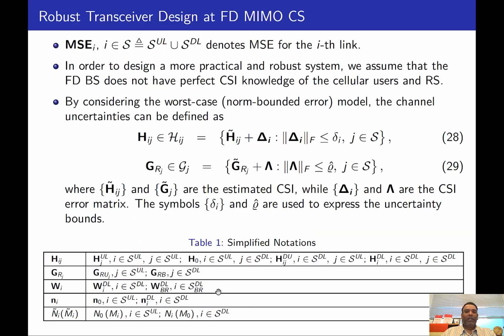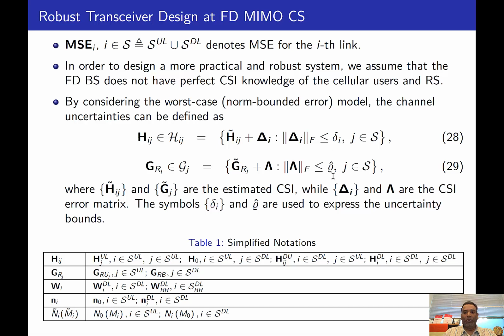Okay, yeah. So again, so far we considered perfect channel knowledge. Of course, channel estimation error will appear in all practical situations. So we wanted to design a robust design. So we are considering a norm-bounded channel estimation error here. The channels are going to be with errors, and the errors are bounded by this delta and rho here.